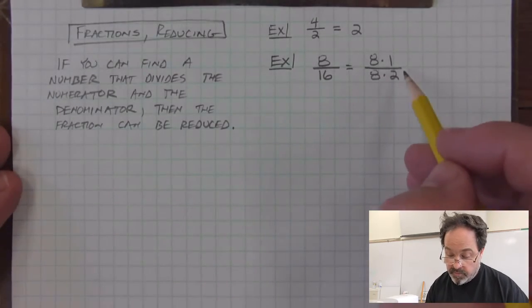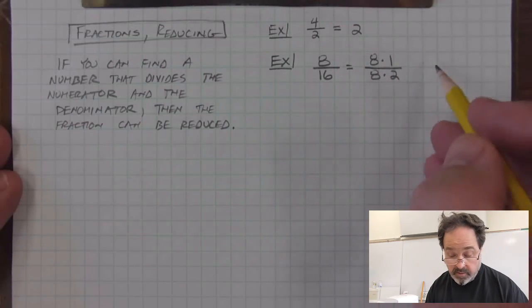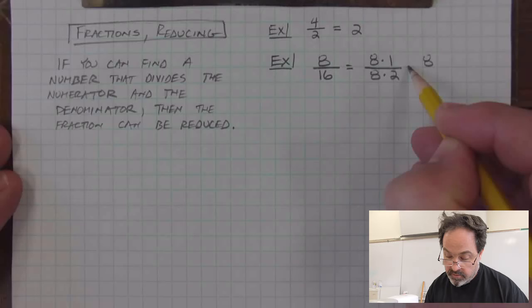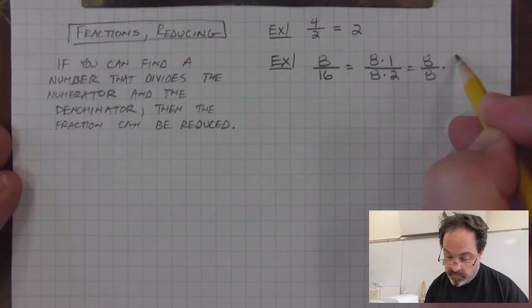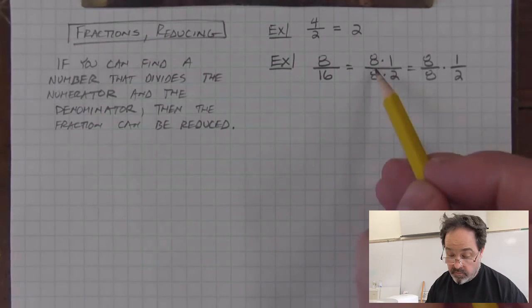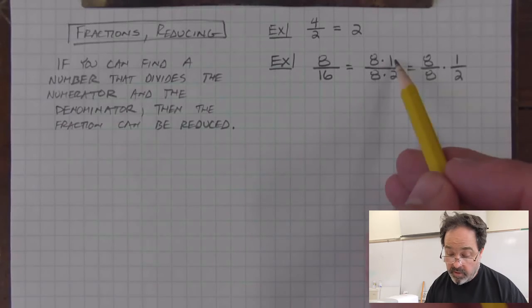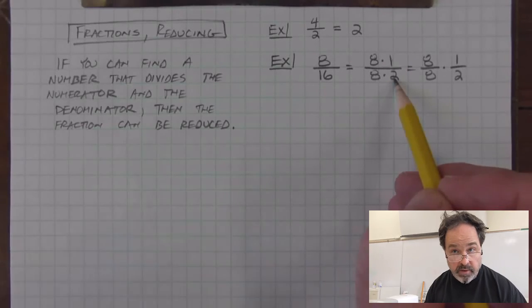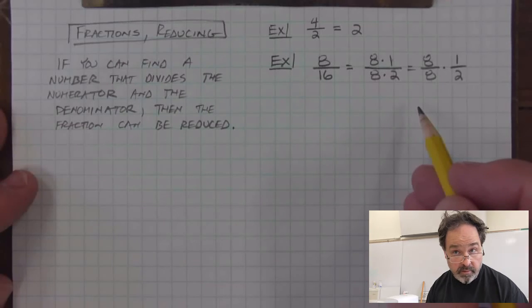And we can reduce it by thinking of this fraction, the way that it's written here, as 8 over 8 times 1 over 2. We've separated out the part that is 8 over 8 from the part that remains, 1 over 2. Something over itself can be written as 1.